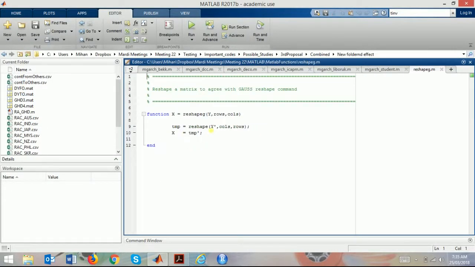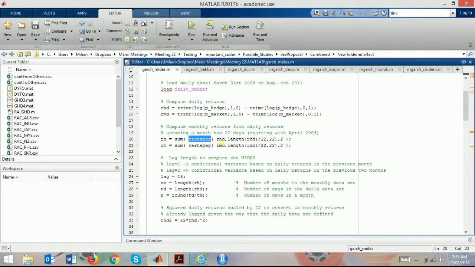We take Y and convert it to the number of rows and columns we want. Our daily hedge fund return is Y, and the rows are the total number of daily observations divided by 22, because we are cutting each month down to 22 days.